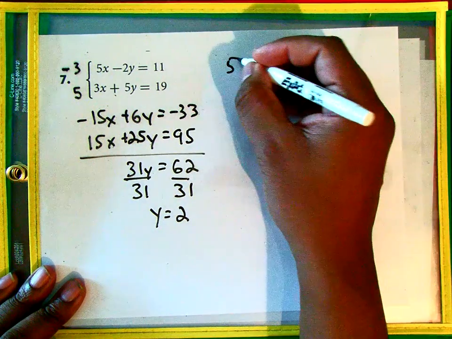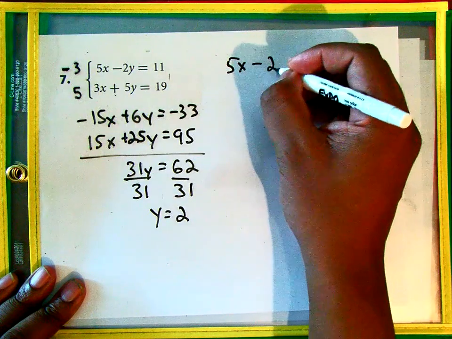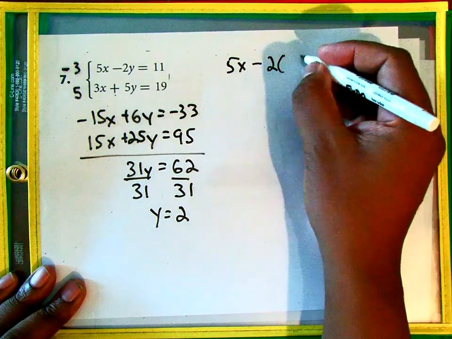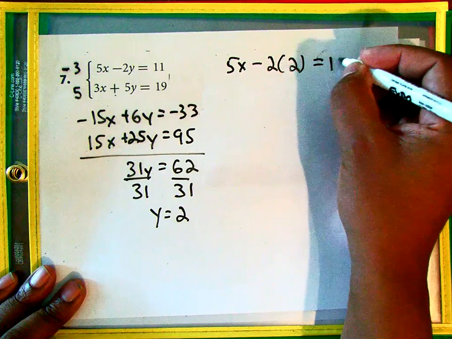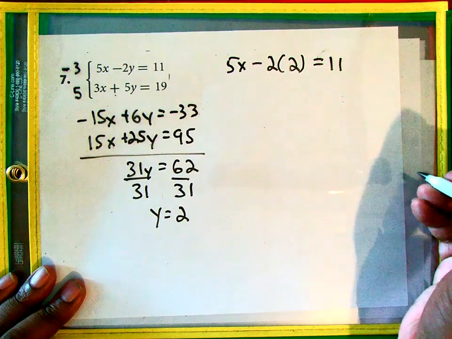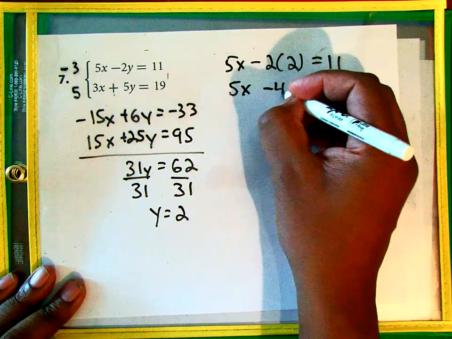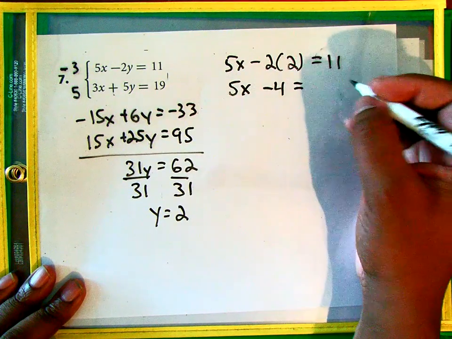So you can plug it into either one of these equations. It'll be 5x minus 2 times y, which is 2, is equal to 11. Always take the original equation. So we have 5x minus 4 is equal to 11.